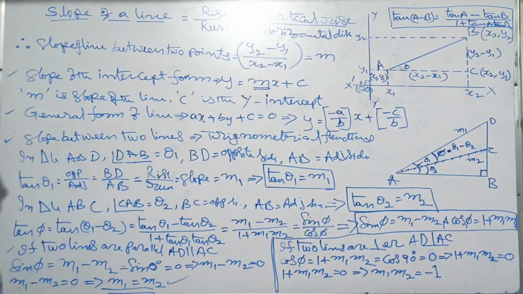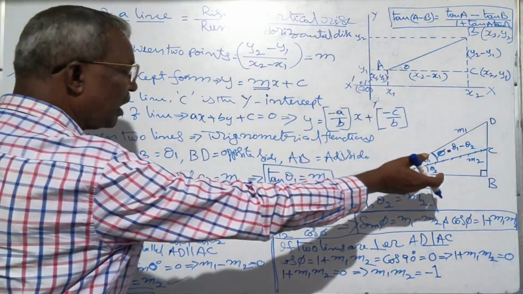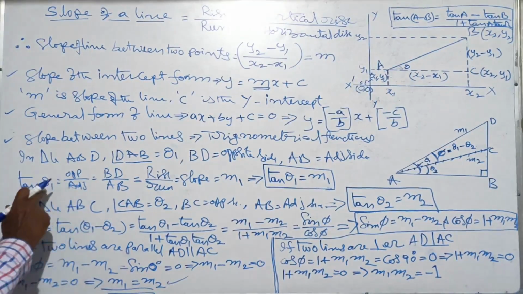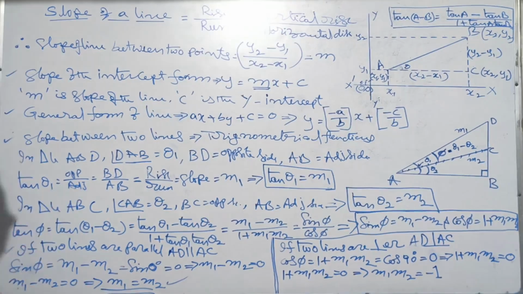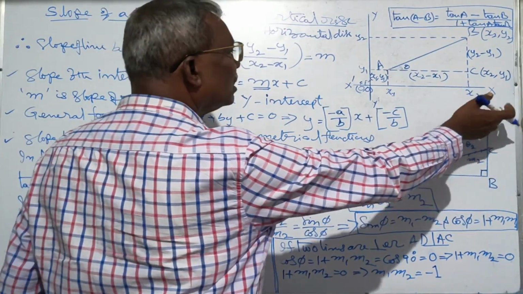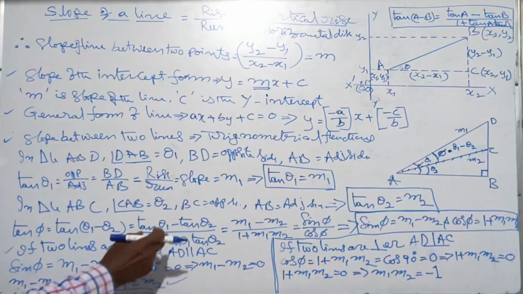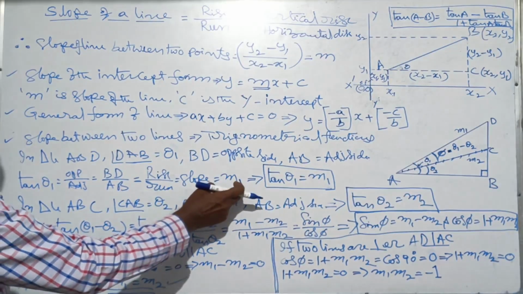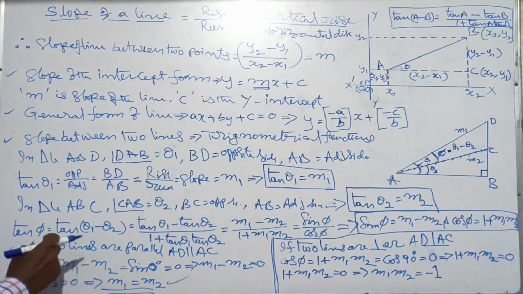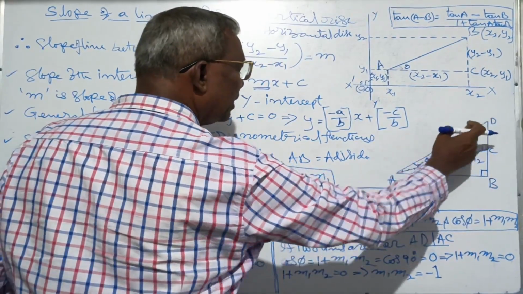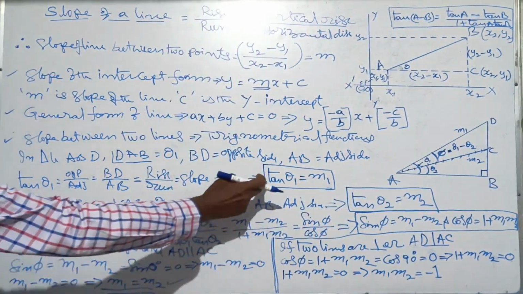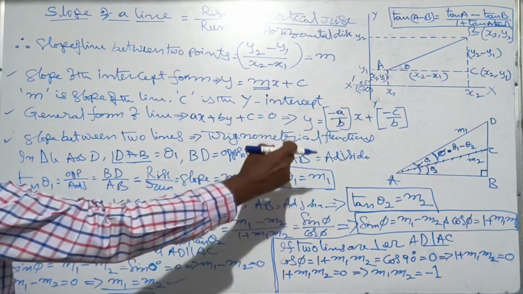So tan theta 1 is equal to opposite side by adjacent side. The opposite side is the rise, rise by run, that is equal to m1. So tan theta is equal to the slope of line AD, m1.